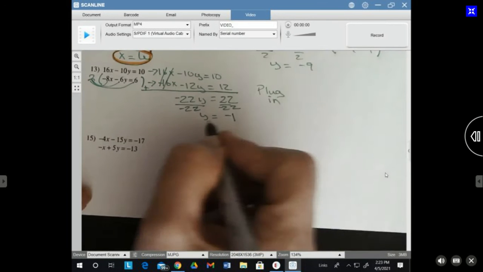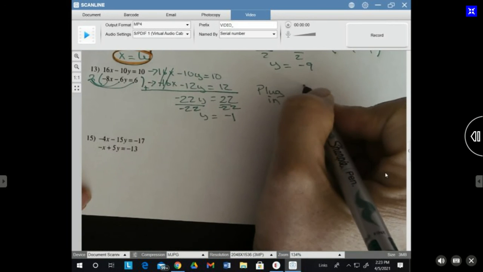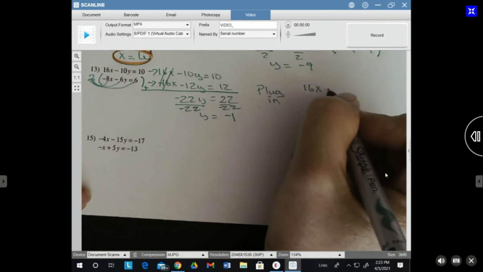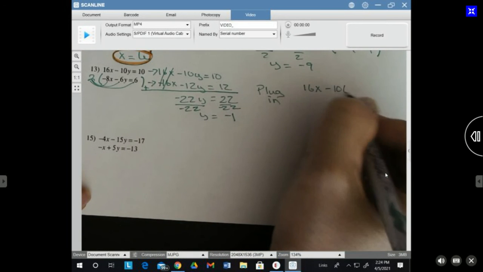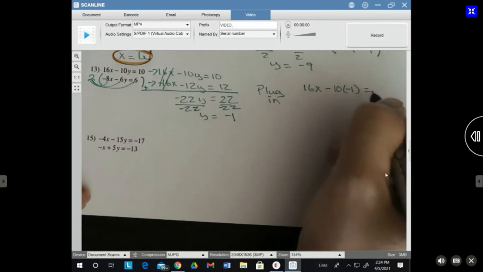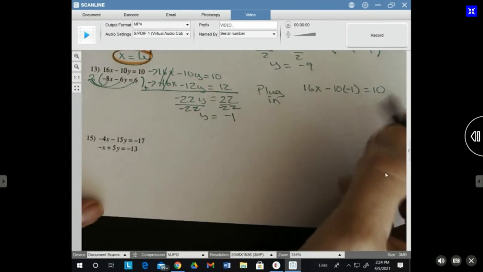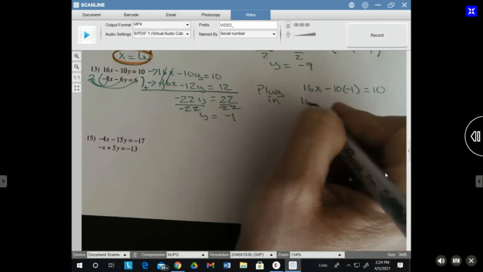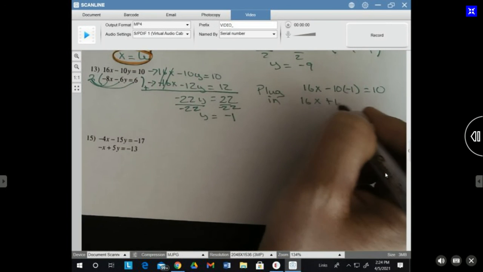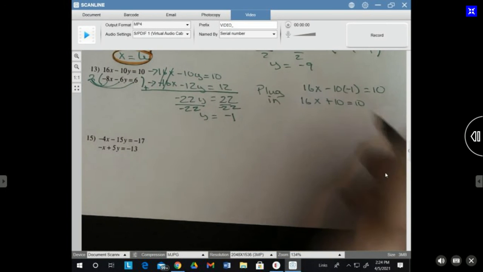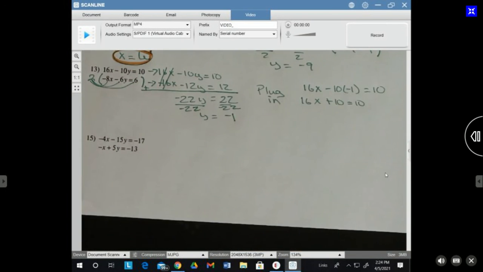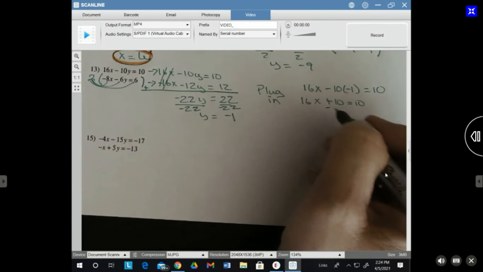So if y is equal to negative 1, I have 16 times x minus 10 times negative 1 equals 10. 16x plus 10 equals 10. What's going to happen when I subtract that 10 from both sides?